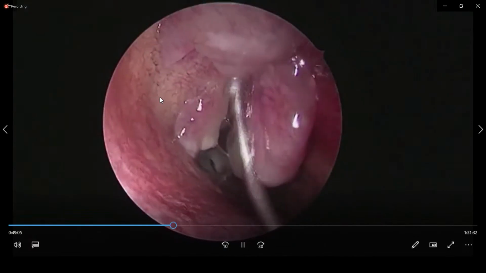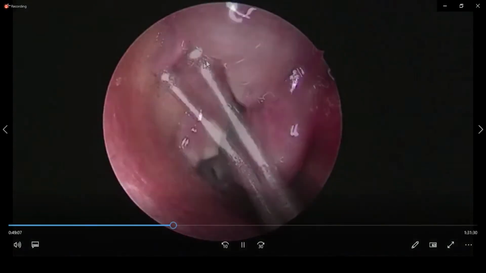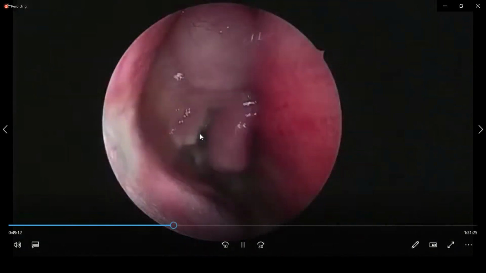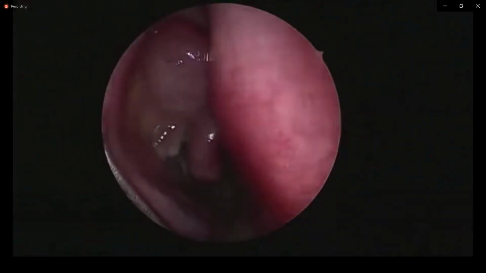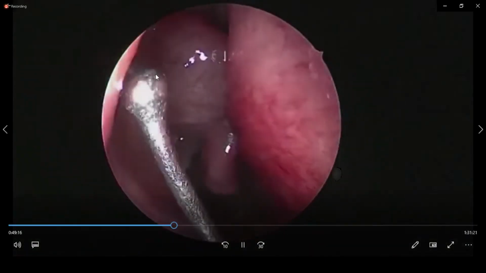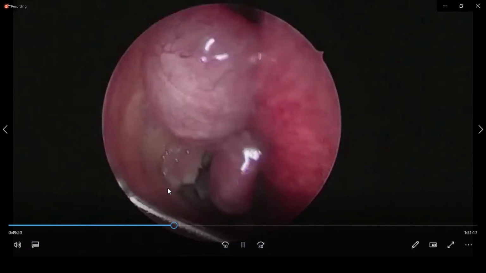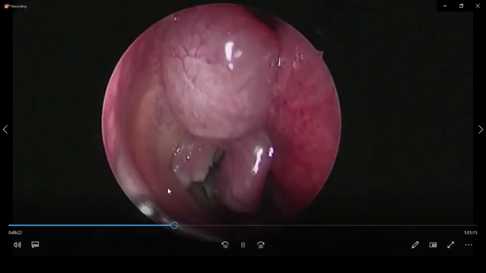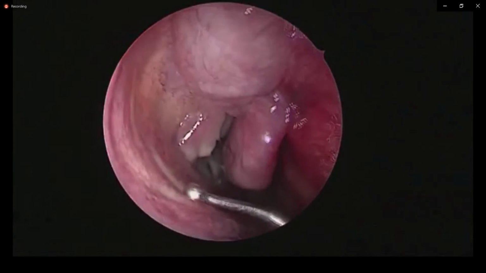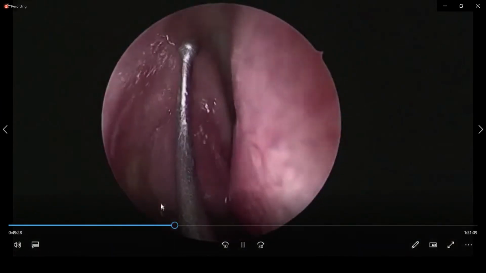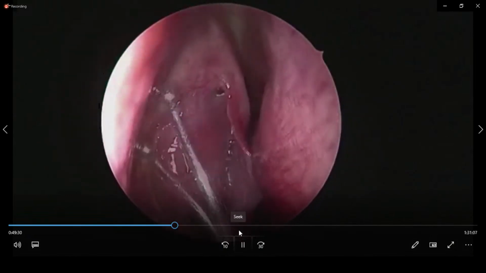Because what you need to identify at this point of time in the middle meatus, the first structure we deal with in the sinus surgery, is the uncinate process. So the uncinate process should be identified at the beginning, and then it is resected very carefully. The reason being, the uncinate has two portions, one vertical and the second one horizontal.